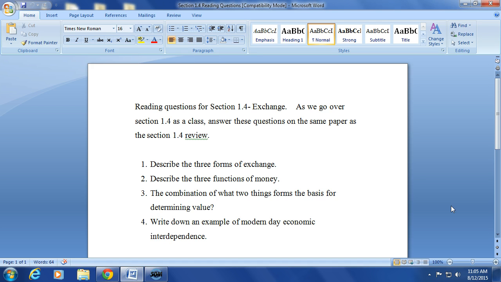So a real-life example of interdependence, and we'll look at this on the world stage. I want you to think about what happens to gas prices in America when there's war or chaos in the Middle East. Think about that for a second.